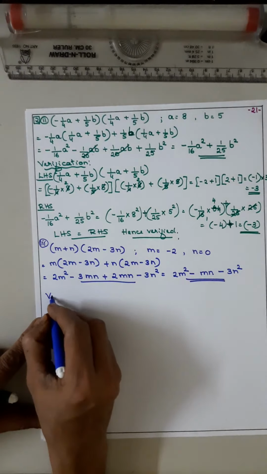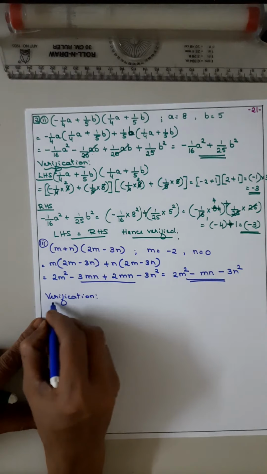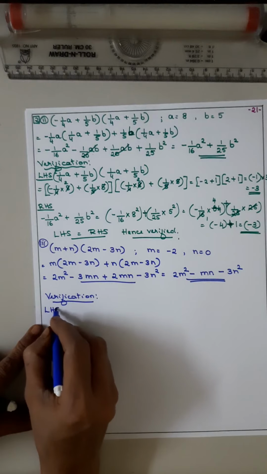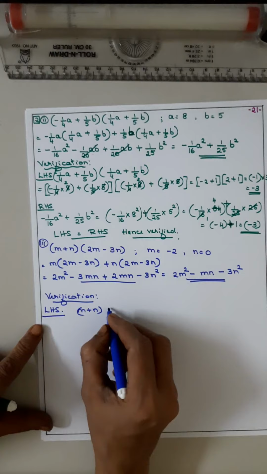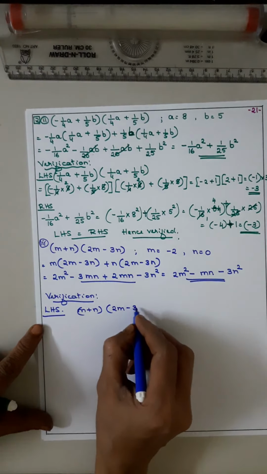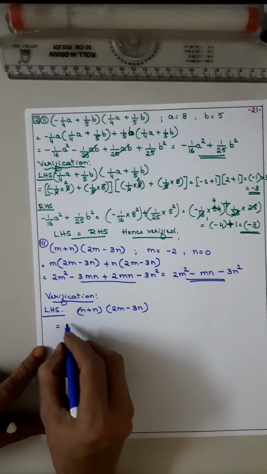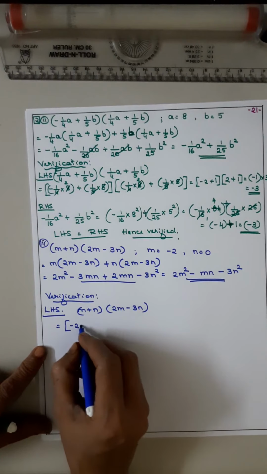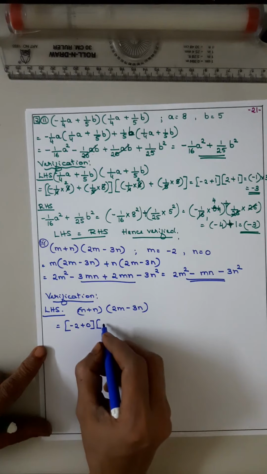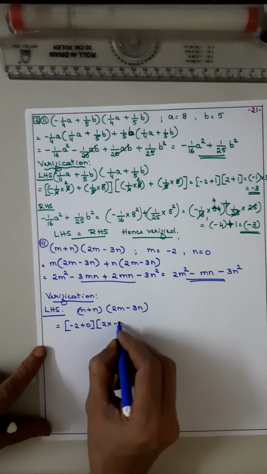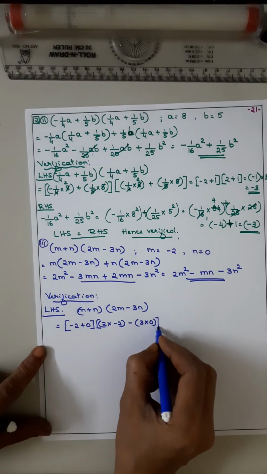Now coming to verification. You have to write LHS. What is the question given? (m plus n)(2m minus 3n). Okay, put the values. m is equal to minus 2, n is 0. And here it is 2 into minus 2 minus 3 into 0.